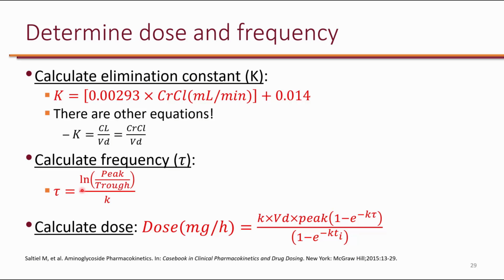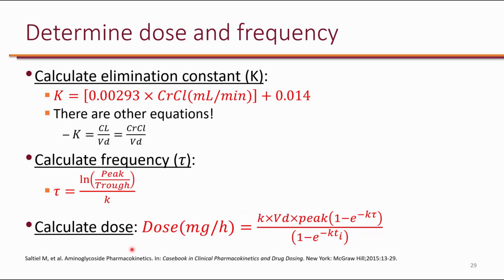That's going to make the schedule hard to follow, and it's going to make it very difficult for the nurses to administer the drug. So you want to use standardized frequency. So if you get a tau of 5, for example, you want to round it to the closest standard frequency, which would be 6.